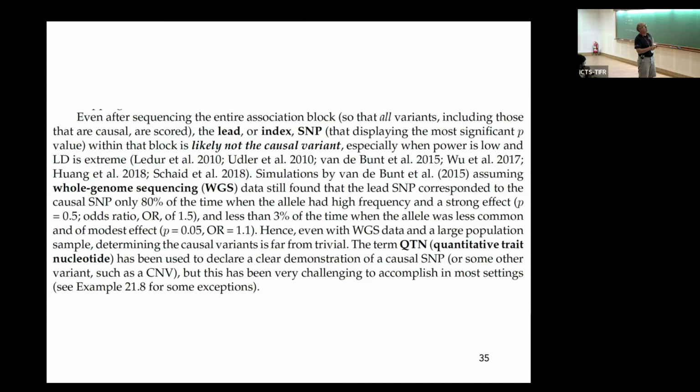That's a big effect. Only 80% of the time will the lead SNP correspond to the causal SNP. That's with whole genome sequencing, a large effect, and a high frequency. That number goes from 80% to 3% when that allele is rare, only 5%, and has a small effect. The odds ratio is 0.11, so only a 10% increase in your risk.